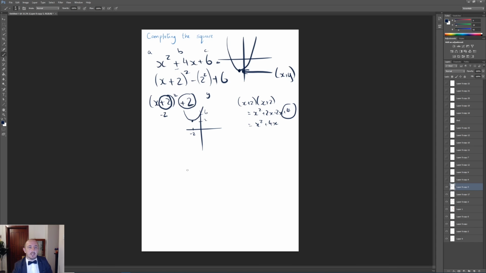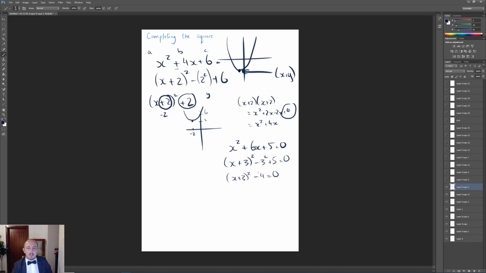So if I take an equation which you can actually factorize, like x squared plus 6x plus 5, and I complete the square, so we're going to do x plus half the b all squared, subtract b squared plus 5 equals 0. Then we get x plus 3 all squared minus 9 plus 5 is negative 4 equals 0. So the turning point of this graph will be negative 3, because it's the opposite of the number within the bracket, and then the minus 4 will be the actual y coordinate.